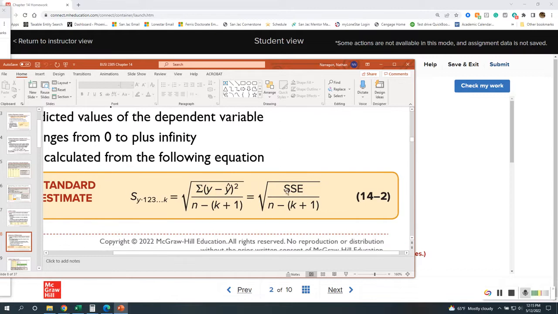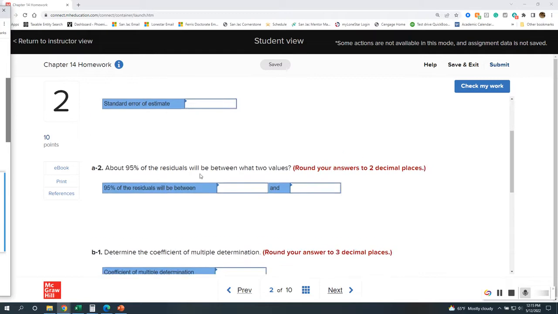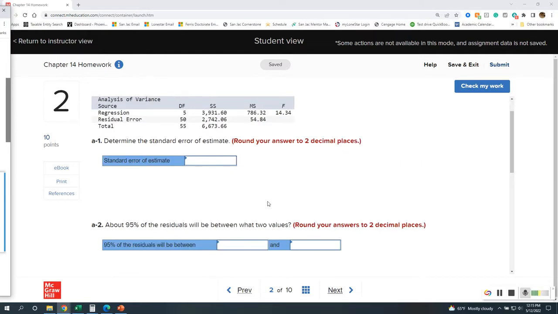So notice it's the square root of SSE divided by n minus k plus 1, where again k is basically the number of treatments, n is the number of observations. Or basically our regression right here, degrees of freedom. But we'll end up calculating it for us.